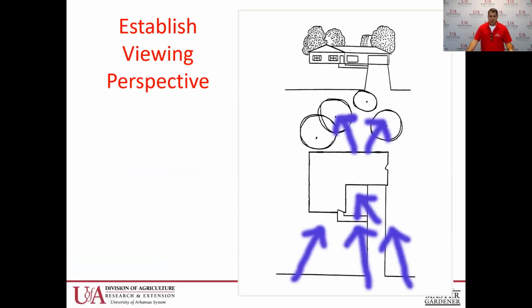Okay, on establishing viewing perspectives, you realize where people are viewing your landscape from in the front. That's that curb appeal. If you look here, you notice the arrows going to the front, but most people don't realize that when they're viewing from their back residence, mainly they're probably looking at a back fence back here. So when you're thinking about landscaping your home, plan on landscaping that back fence.